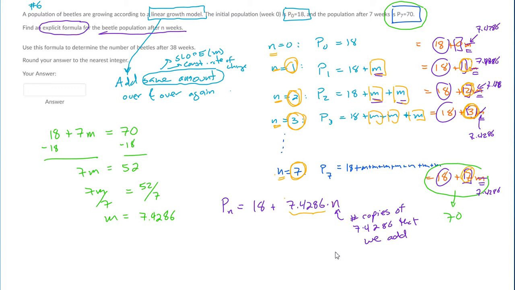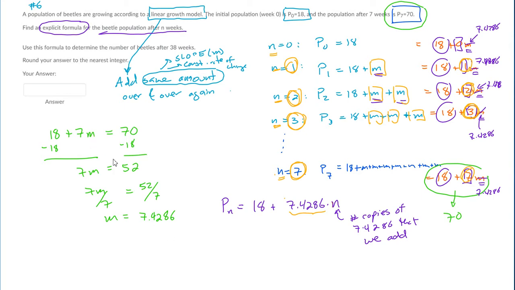If I plug in 38, let me do that on my calculator here. Times 38. When I work this out, I'm getting 300.29.